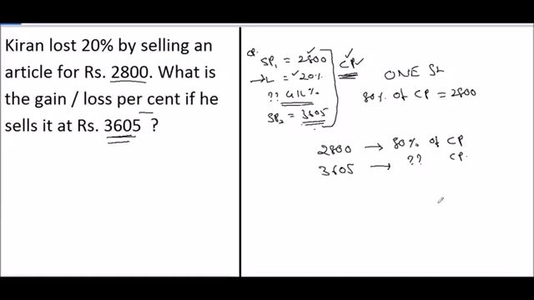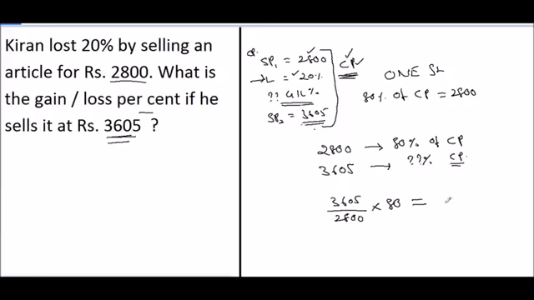Now very simply, 3605 divided by 2800 into 80%. Right, now my answer will be in terms of percentage only, because 3605 is what percent of cost price. You'll get the figure here in terms of percentage.